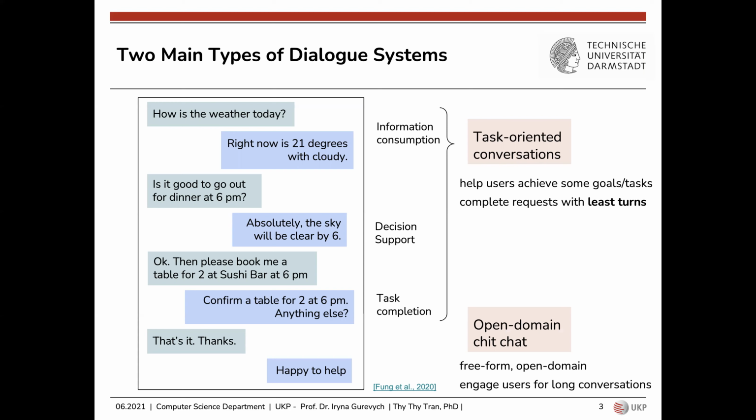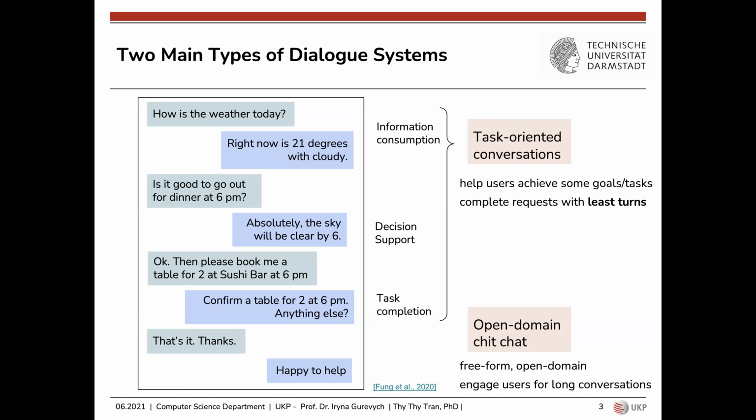There are three common scenarios of task-oriented conversational agents. The first one is for information consumption, such as weather query. The second one is to support decision-making process, such as here: is it good to go out at 6?